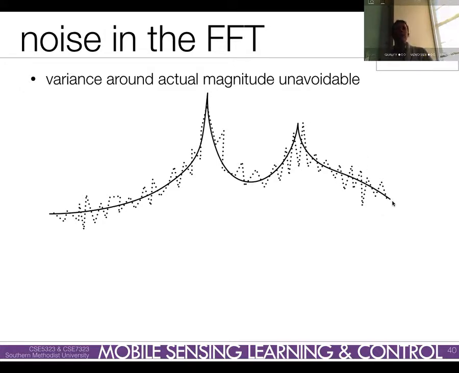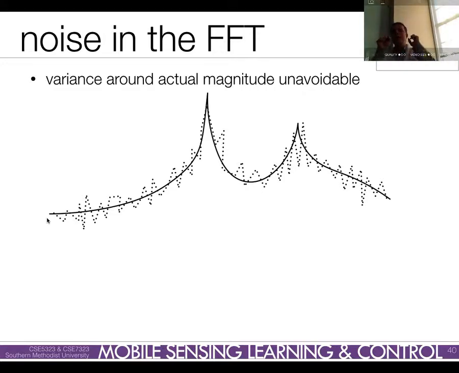And there's a good reason for that. What you're actually doing is drawing from a probability distribution of what that frequency at a certain bin is. There's some underlying frequency distribution that you're drawing from, and the only thing you're guaranteed with the FFT is that you'll get the value of that frequency within a certain variance. If you're interested, it's chi-squared with 2 degrees of freedom. That's the probability distribution.